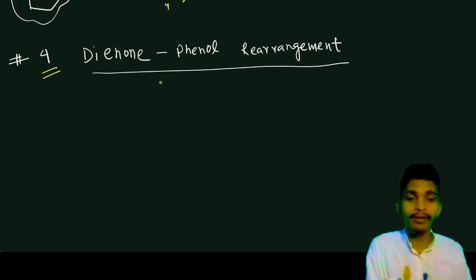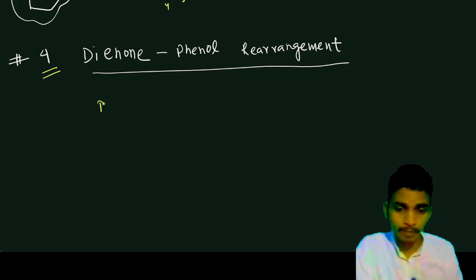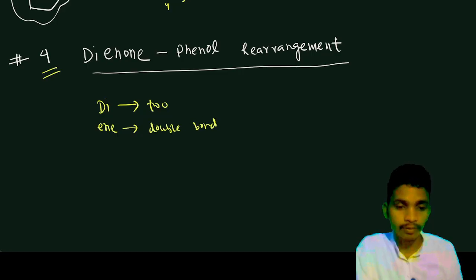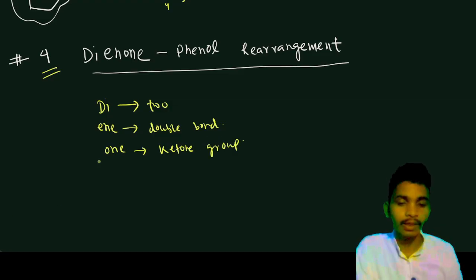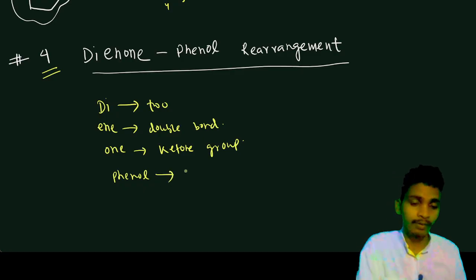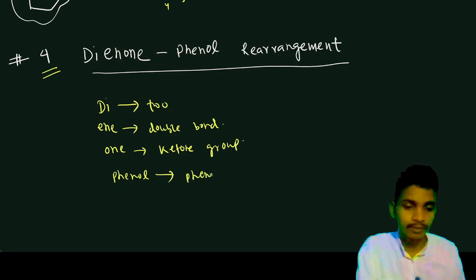So in dienone-phenol rearrangement, "di" means 2, "ene" means double bond, and "one" means the ketone group. Phenol means a phenyl ring will be there.